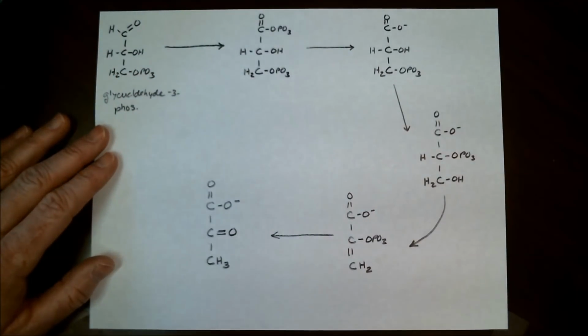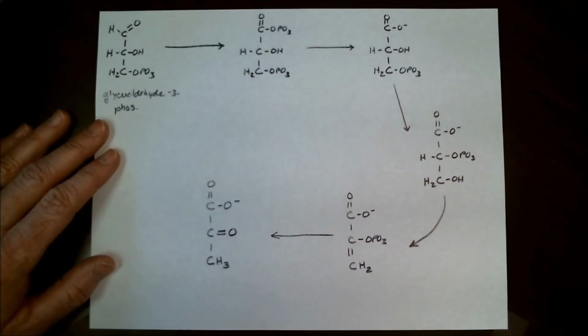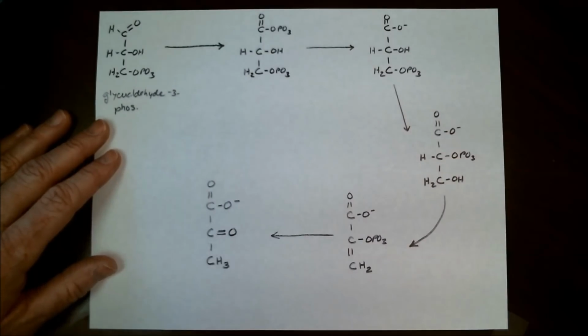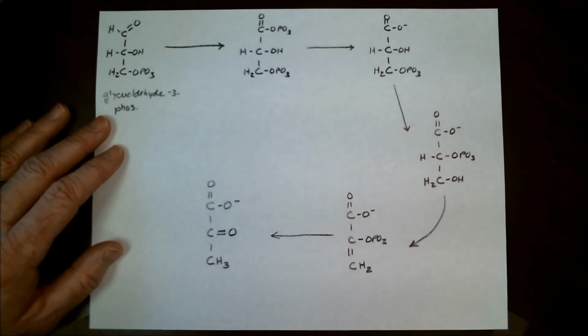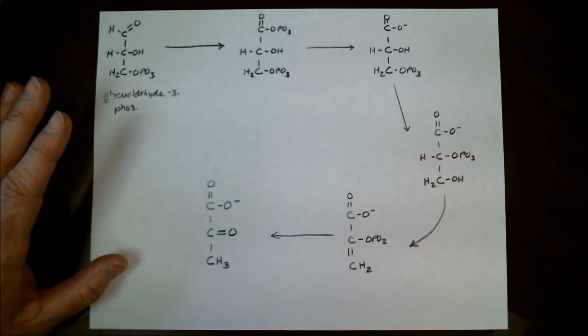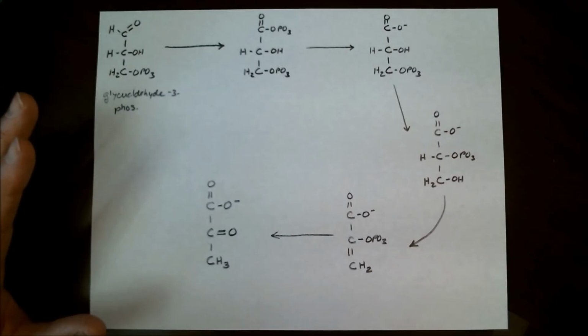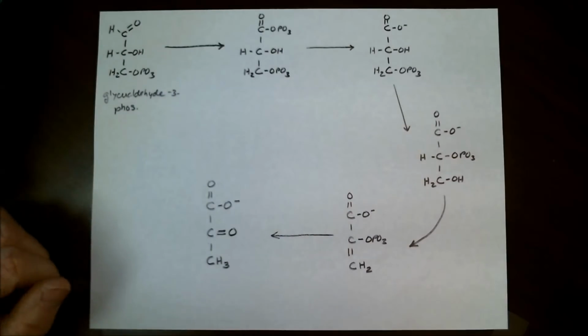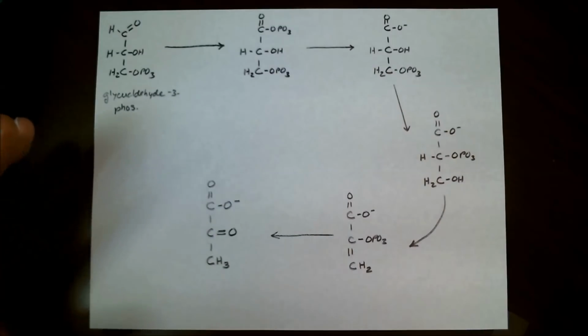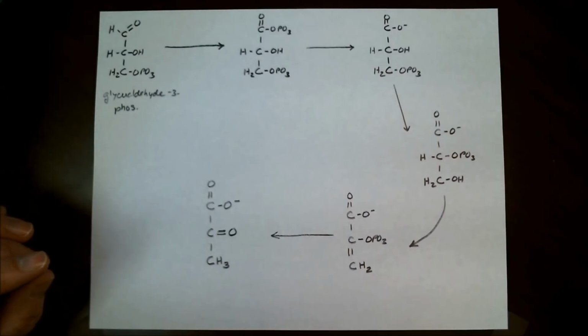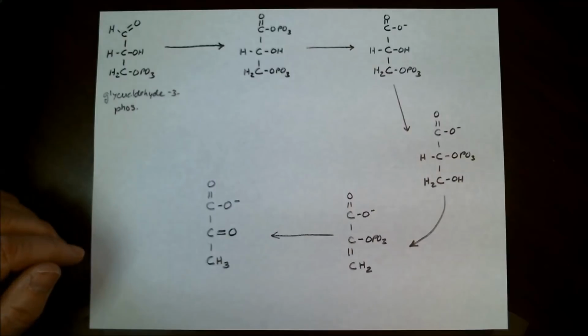And remember, again, this was generated from the aldolase reaction and then the isomerization of DHAP into glyceraldehyde 3-phosphate. So now remember, we have from this point on 2 trioses moving through in parallel in this pathway. So all of the ATP and NADH that will be generated is multiplied by 2 from this diagram.